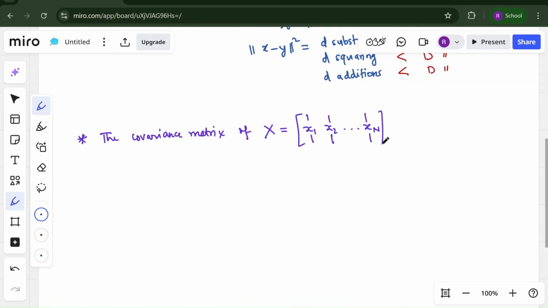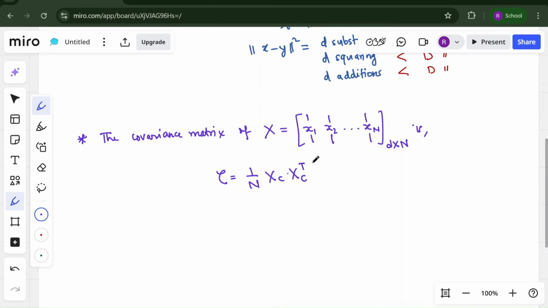So we have a big matrix whose dimensions are D cross capital N. The covariance matrix of this data set is given by C equal to 1 by N times XC times XC transpose.